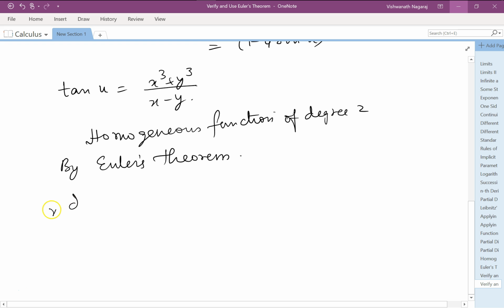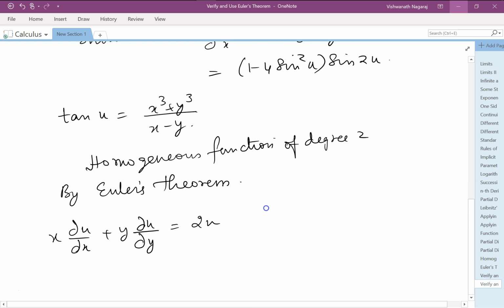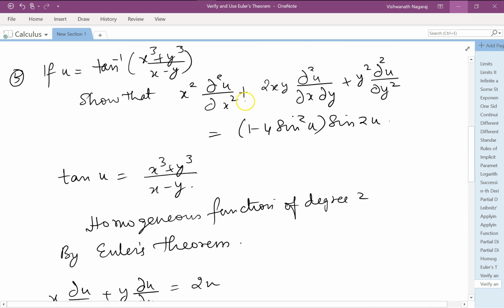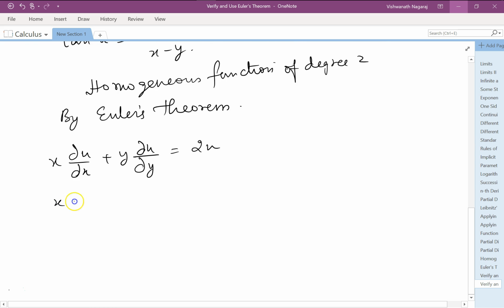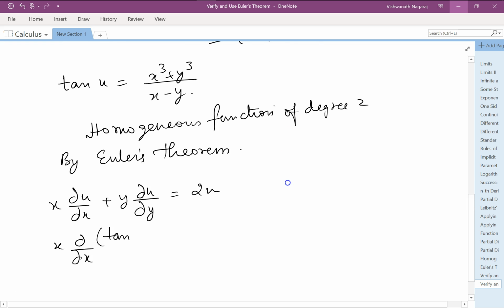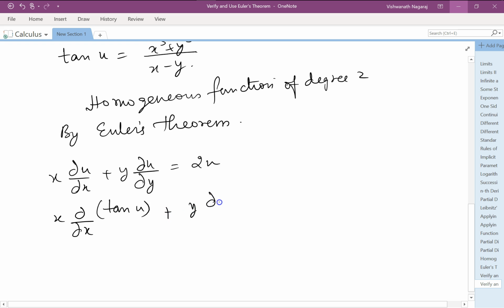Okay, by Euler's theorem, what do we have? We have x ∂u/∂x plus y ∂u/∂y is equal to 2u. But if you look at this here itself, you know that you have to partially differentiate it. Now x ∂/∂x of tan u plus y ∂/∂y of tan u is equal to 2 tan u.